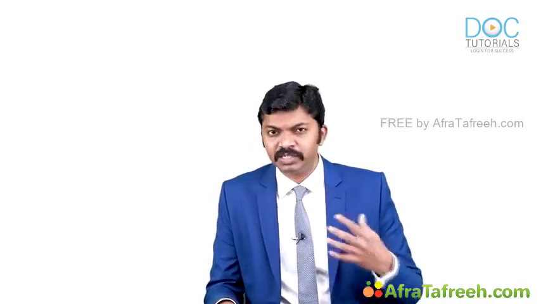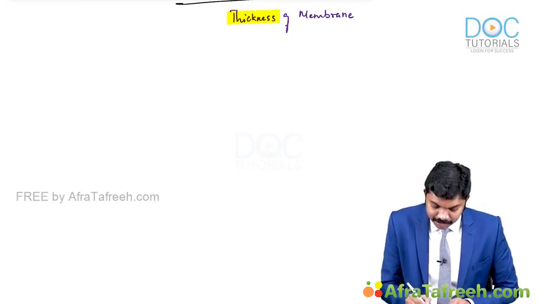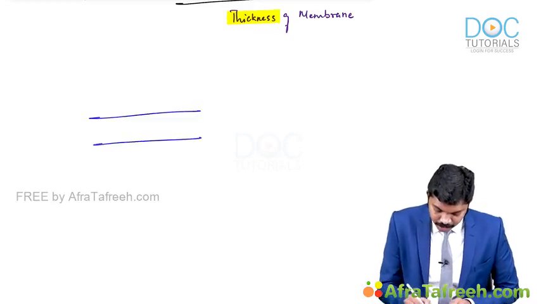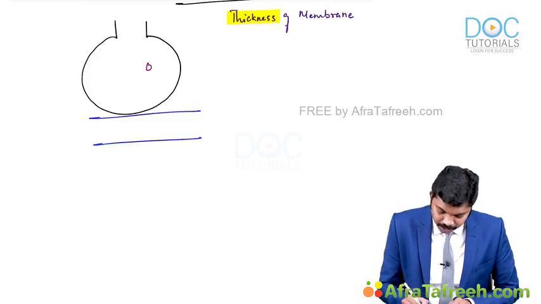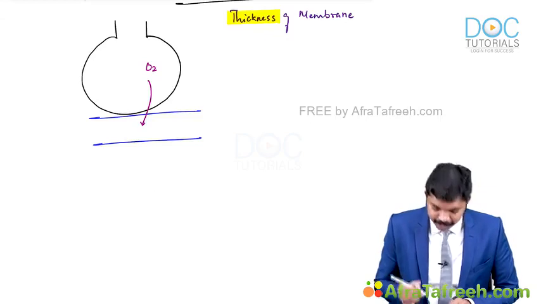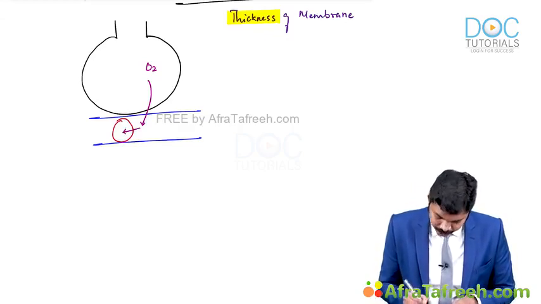Through these parameters, and facilitated by the concentration gradient and pressure gradient, we get transport of oxygen from the alveolus into the pulmonary capillary. If you look at the pulmonary capillaries and take up an alveolus here, the moment oxygen gets out into the blood, all this oxygen will be collected by RBCs, doctors.